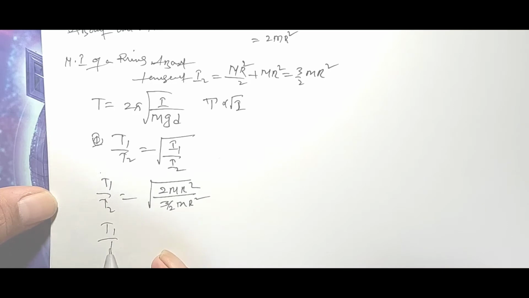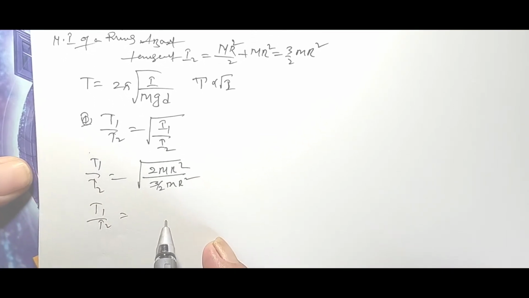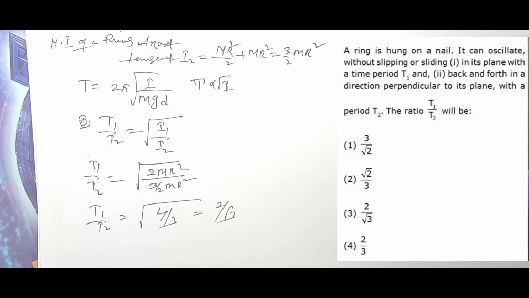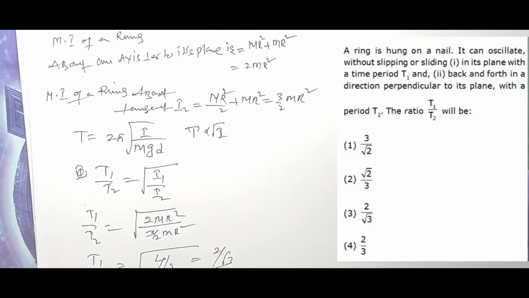So t1 by t2 is equal to root of 4 by 3, that is equal to 2 by root 3. So this is the answer of the first question.